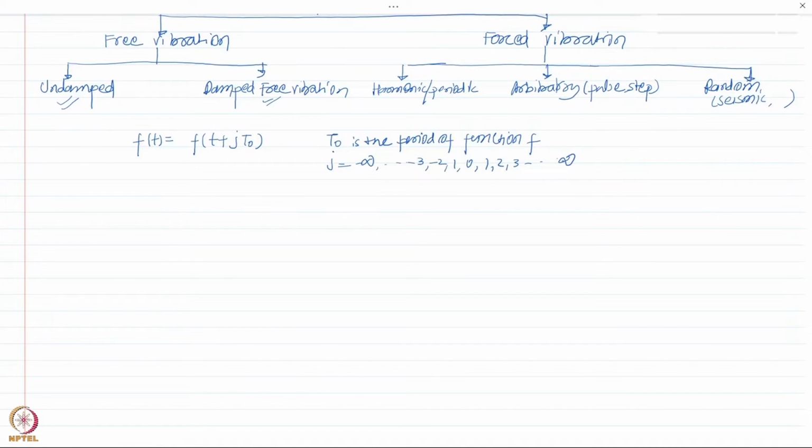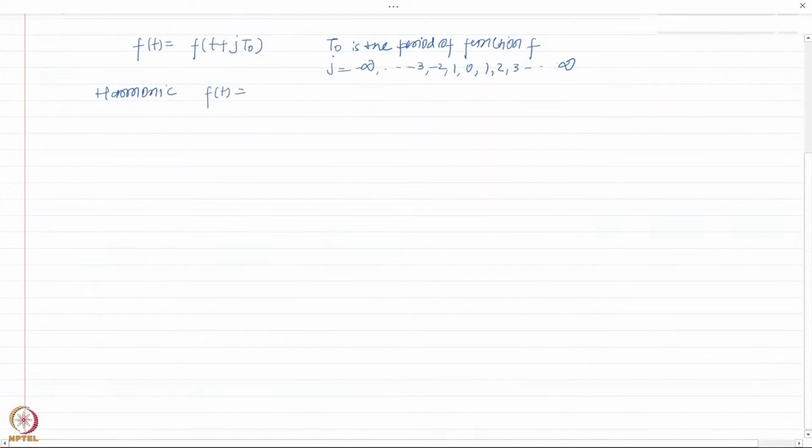Harmonic functions are functions which can be written as some constant times sine or cosine. So if I have functions like something times sine, or something times cosine, these are called harmonic functions.